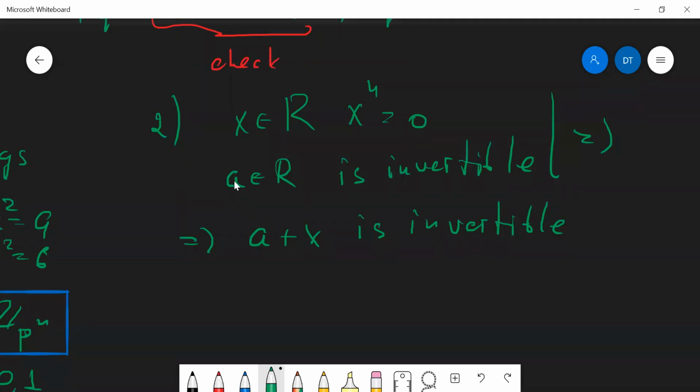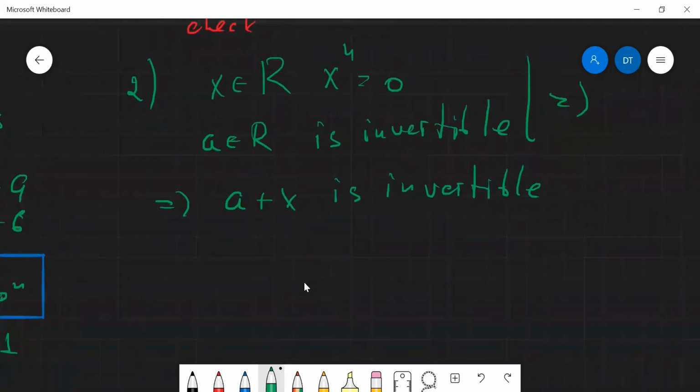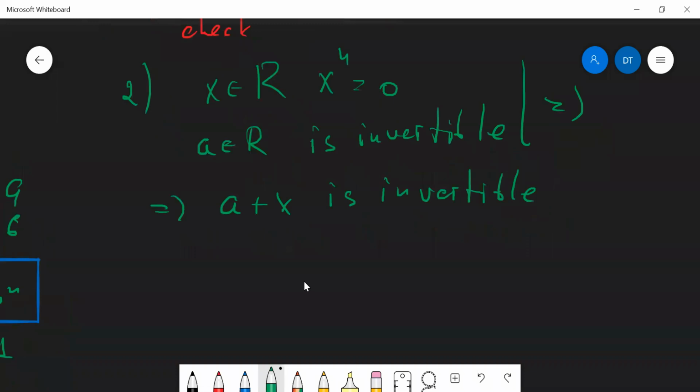The previous one was when a is 1. Now we want to generalize this to the case when this is an arbitrary invertible element. How do you think we show that a plus x is invertible? And how to write the formula for the inverse element? In a similar manner, maybe?